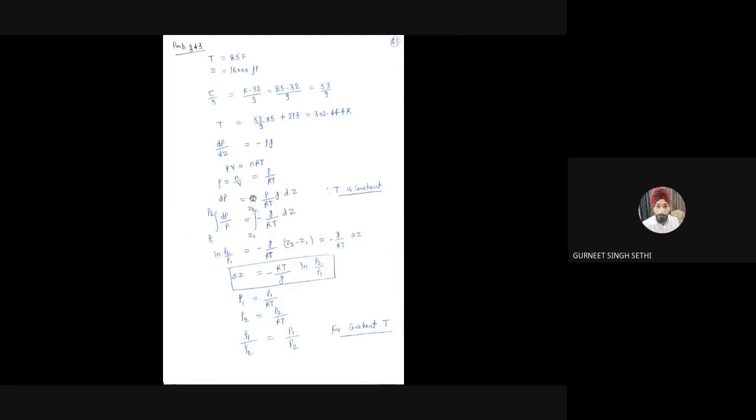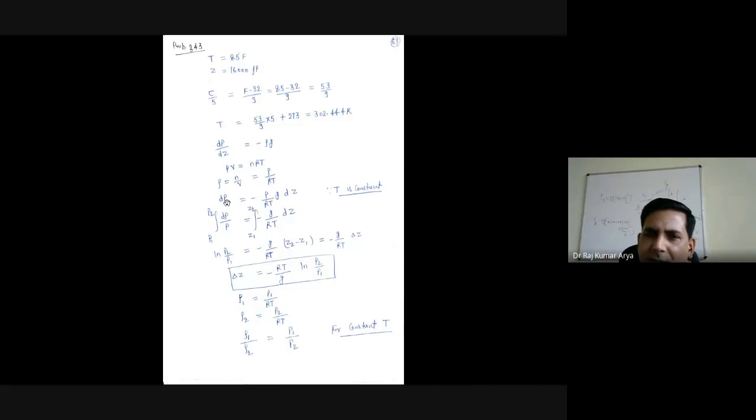So you have the dP expression. At the place of rho, you can substitute this here. So your dP is minus P upon RT into g dz. So integrate that. You get here delta Z equal to minus RT upon g ln P2 upon P1.